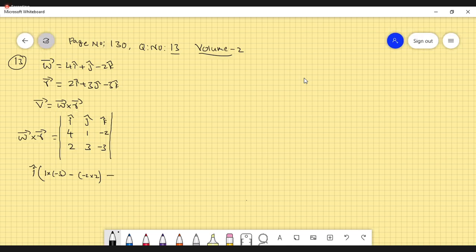Next minus j into ad minus bc, that is 4 into minus 3 minus minus 2 into 2, plus k into 4 into 3 minus 1 into 2.